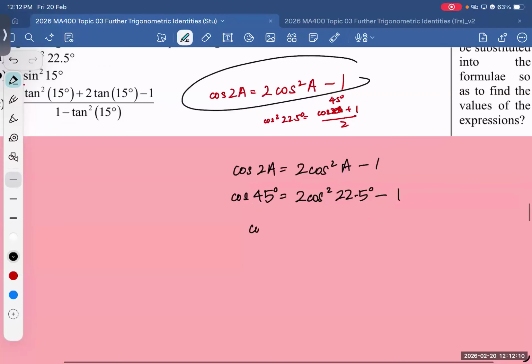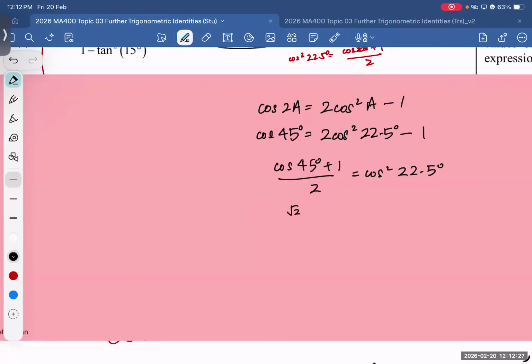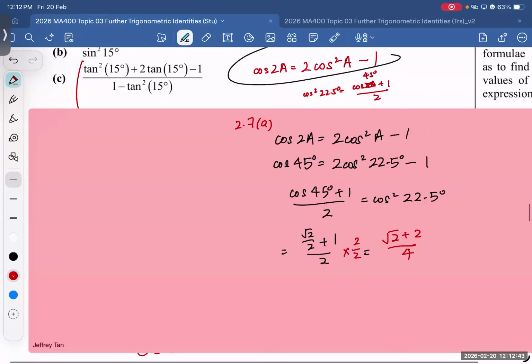So cosine 45 plus 1, divided by 2, I will have cosine square 22.5. Cosine 45 is square root 2 over 2, plus 1 over 2. If I multiply by 2 over 2, that gives me square root 2 plus 2 over 4. So this is 2.7a. Got it? That's my answer.